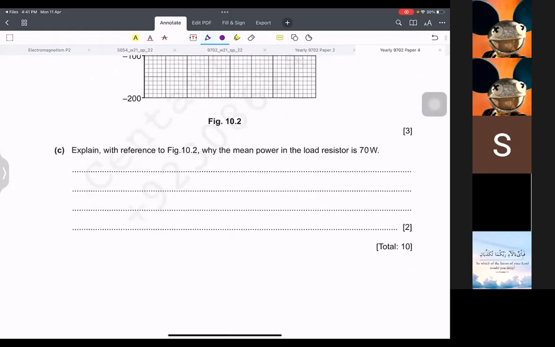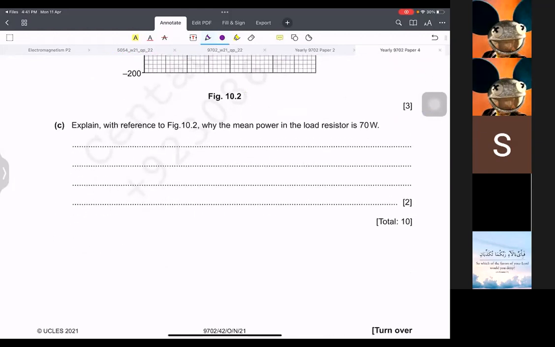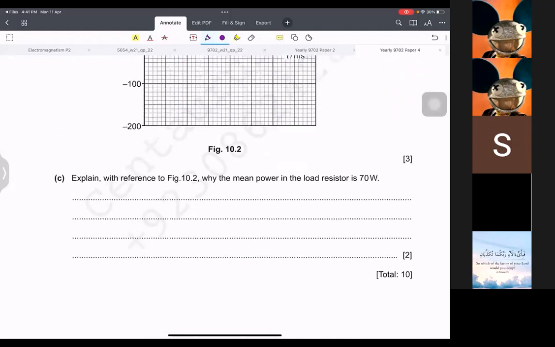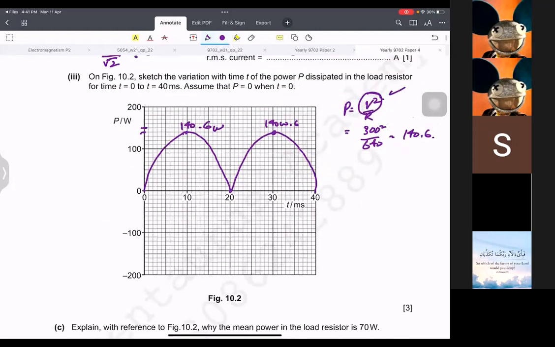Okay, then it says explain with reference why mean power and load resistance 70 watts. With reference to this, you need to just show it like this, right? If you check it here, you see that there are two halves of it, which means when you add both the maximum powers and you divide by 2, the mean power will be half.